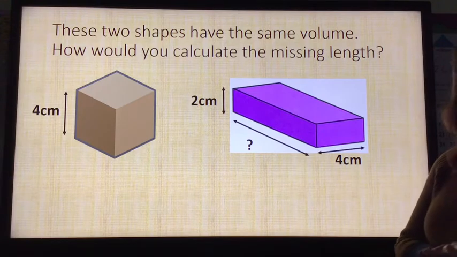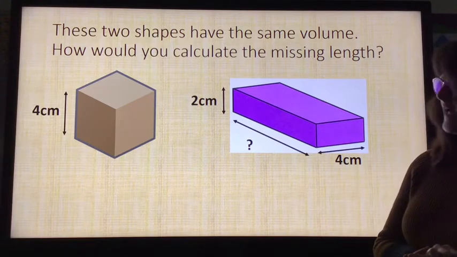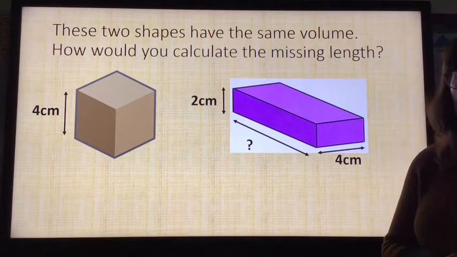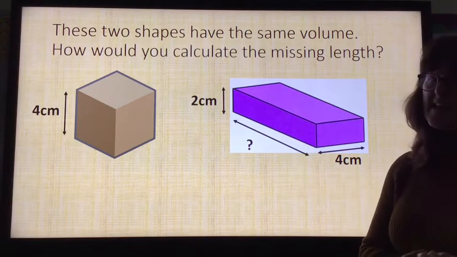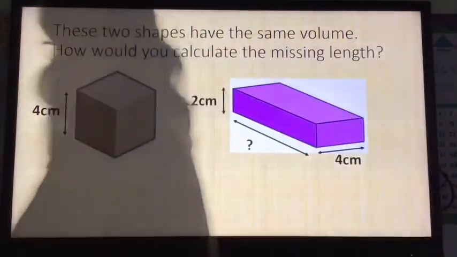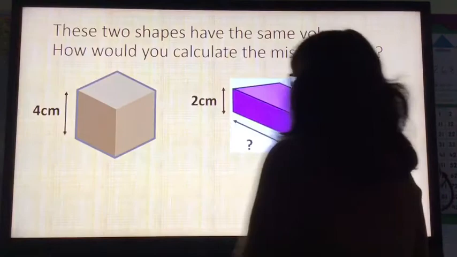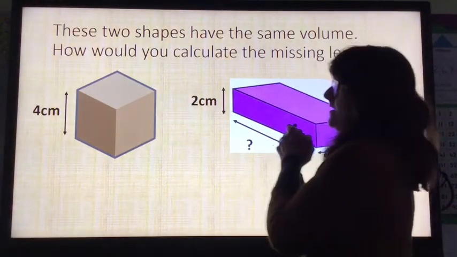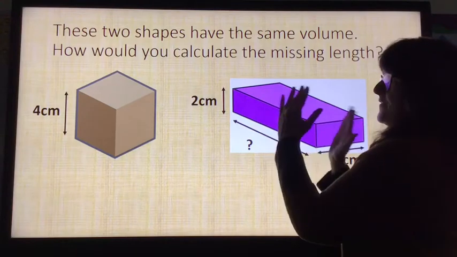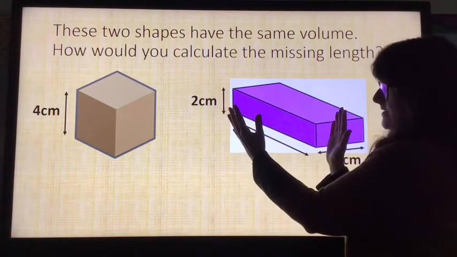What I'd like you to do is stop the video and have a thought. This is a multi-step problem. Where would you start if you wish to find the missing length here? Well, the place to start is the cube. You need to know what the volume of these 2 cuboids are, the cube and the cuboid.